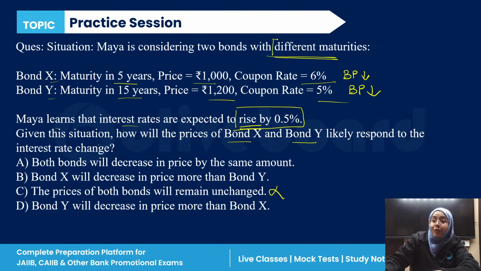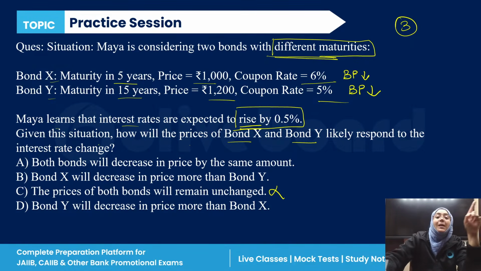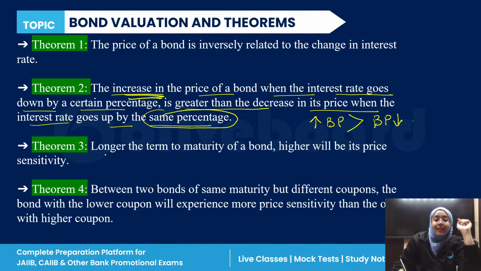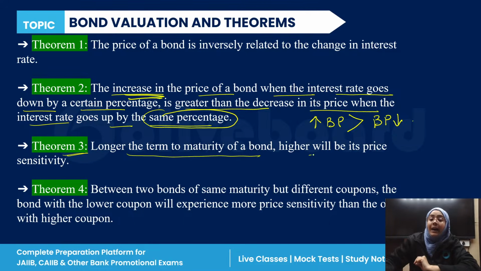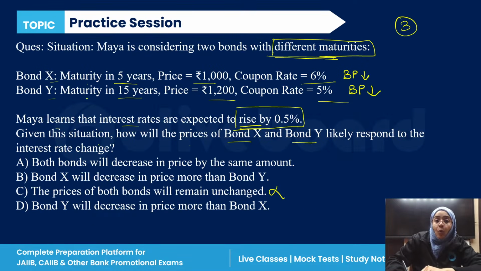Okay. And now let's see what is actually asked in this question. Here we have different maturities. If you remember, theorem third says that the longer the term of the maturity, the higher will be its price sensitivity. So we have two bonds.